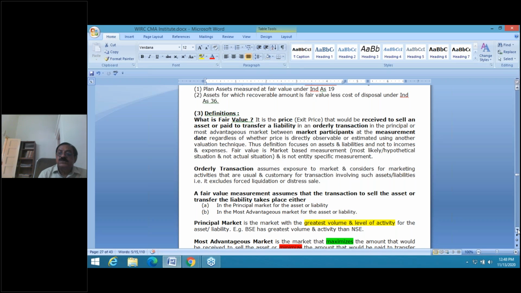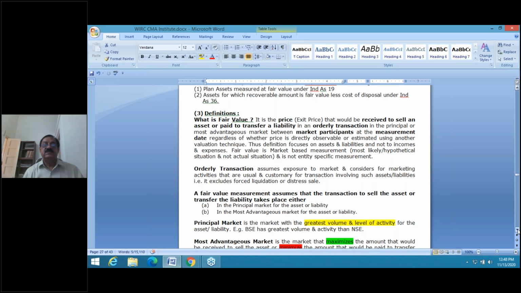It assumes exposure to the general market, and considers marketing activities that are usual and customary for transactions involving such assets and liabilities. So an ordinary transaction does not include a forced liquidation or distressed sale of the asset. In a normal situation, what the market participants will do, that is assumed.